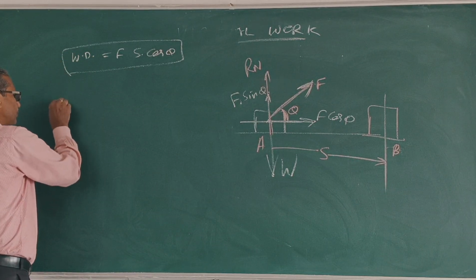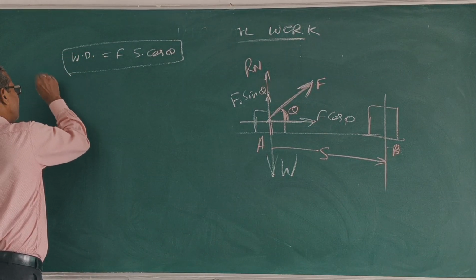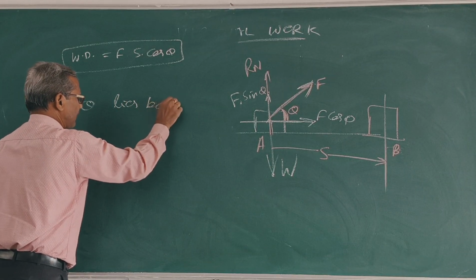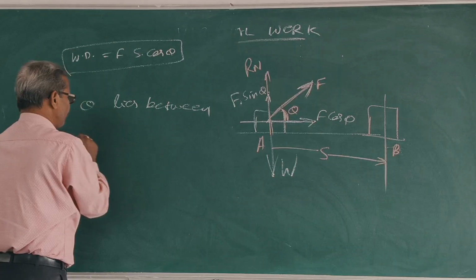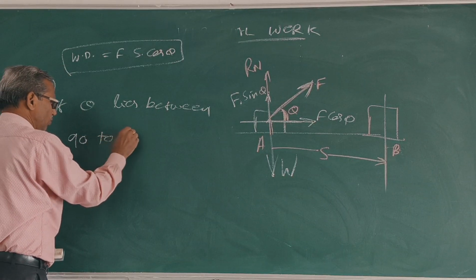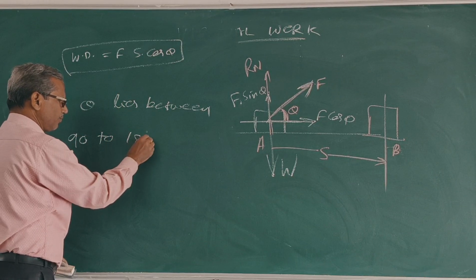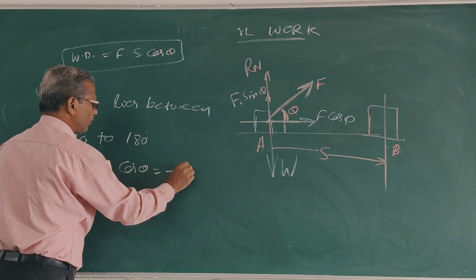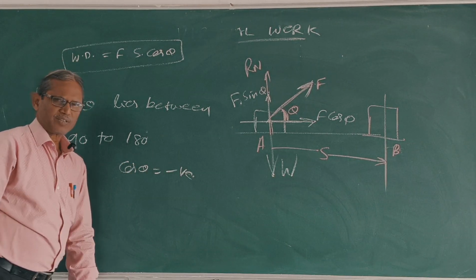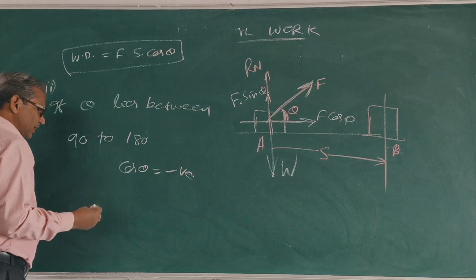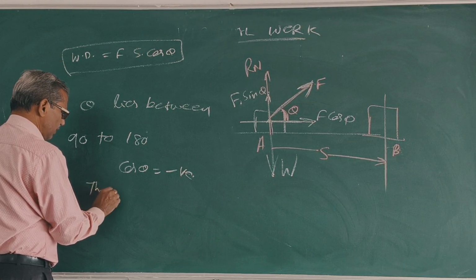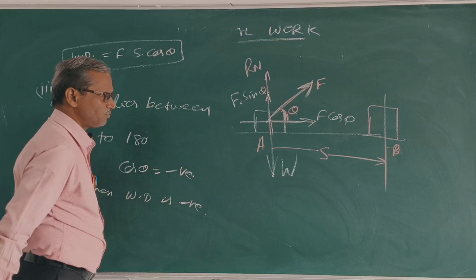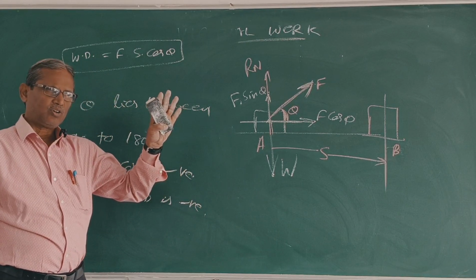Case 3: if theta lies between 90 to 180 degree, what is cos theta? Negative. Clear? Then work done is negative. So this is about work.